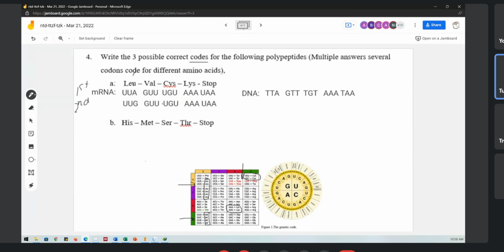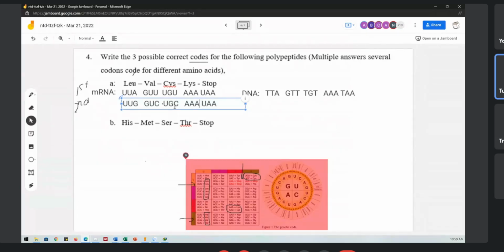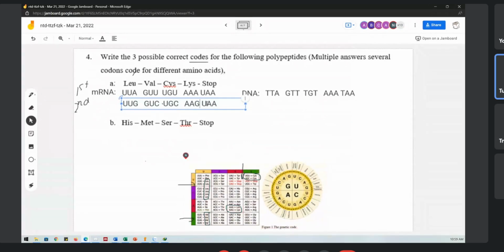Instead of GUU, I use GUC, for example. And cysteine, similarly, I replace this by the C. And this, imagine we have the G. And stop codon, you can use the UGA, for example. That's the second possibility.